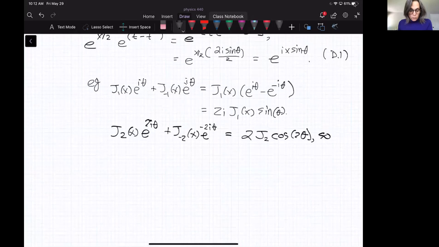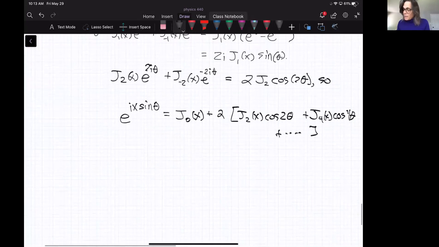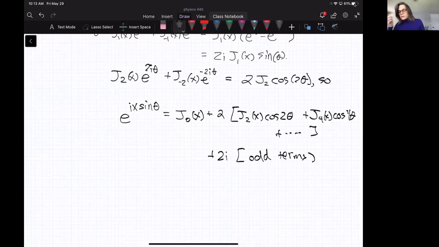So we can write that e to the ix sine theta is equal to J naught of x plus 2 times J2 of x cosine 2 theta plus J4 of x cosine 4 theta, and so on, plus an imaginary part, plus 2i times the odd terms. So J1 times cosine of theta plus J3 of cosine 3 theta.